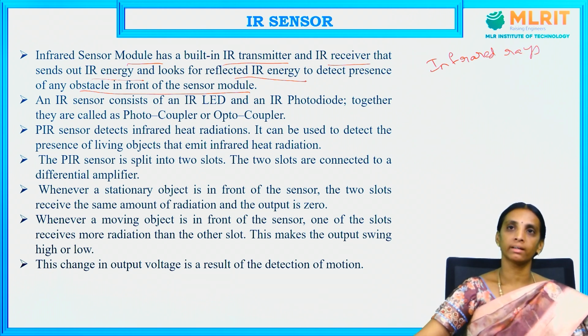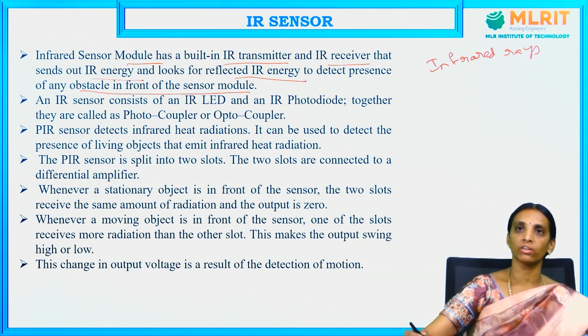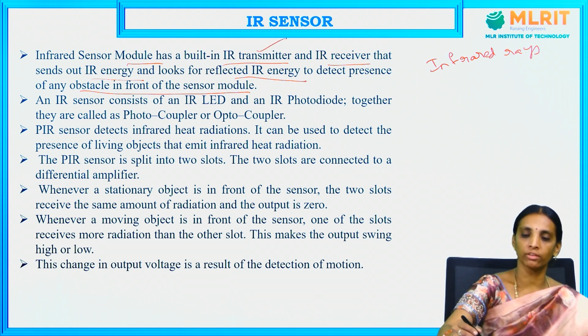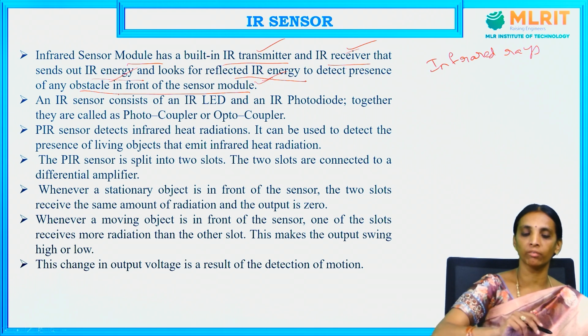It can detect any object in front of it through infrared rays, and the reflected signal is taken as an input to the microprocessor. It consists of two parts, the IR transmitter and the IR receiver. The transmitter sends the IR energy and the receiver receives the reflected IR energy to detect the presence of any obstacle.